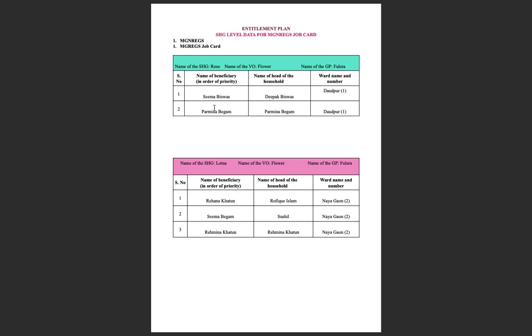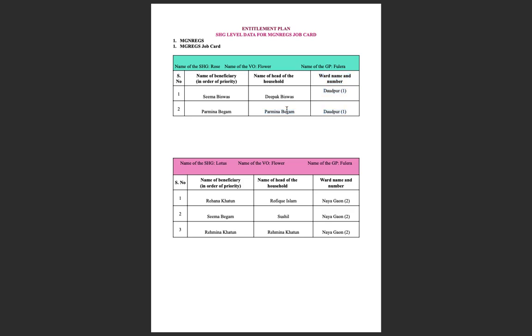In a similar fashion, the second row has Parmeena Begum. What you have to understand here is that Parmeena Begum is the beneficiary and the head of the household also has the name of Parmeena Begum. So what do you understand from it?